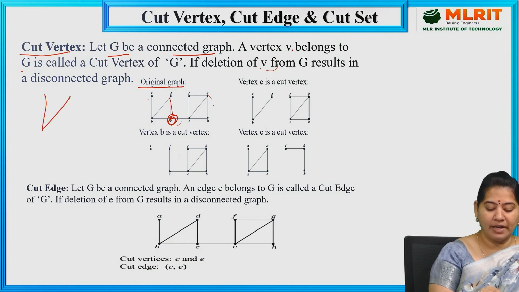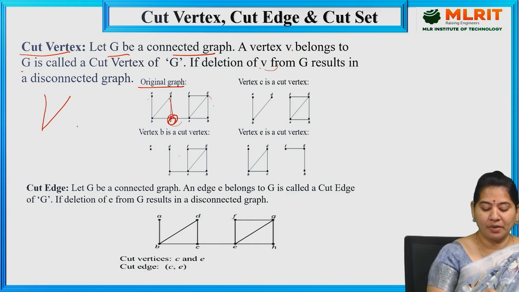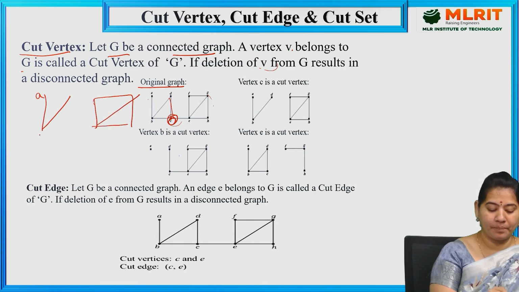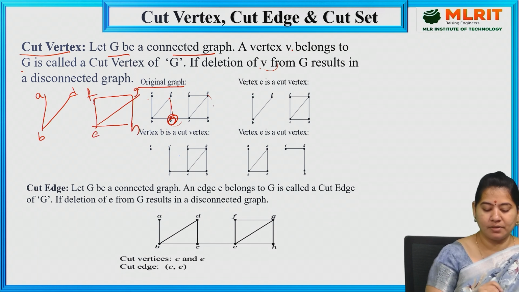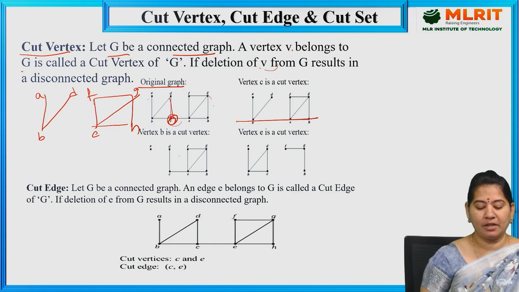I cannot take D to C or B to C, because I am removing the vertex C, and even C to E is removed. Then we have E, F, G, H. So this is A, B, D, E, F, G, H. This is the second figure I have drawn.